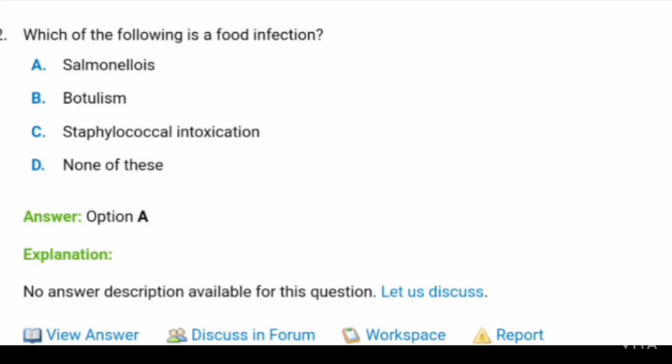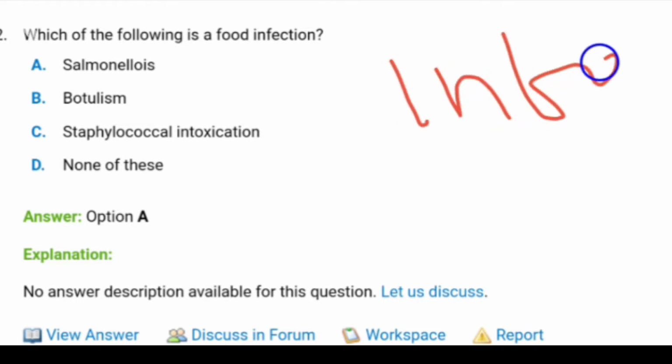Next question is, which of the following is a food infection? The options are salmonellosis, botulism, staphylococcal intoxication. We need to understand the basic difference between infection and intoxication.